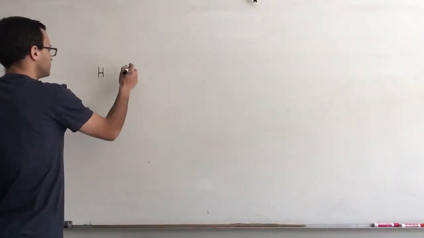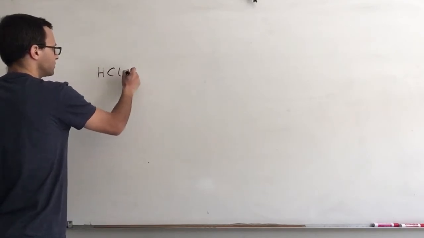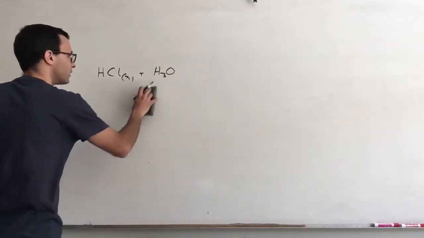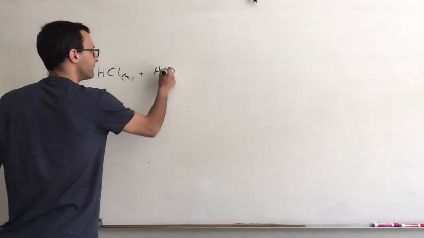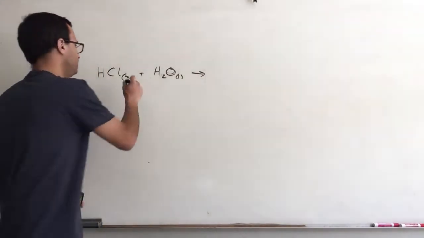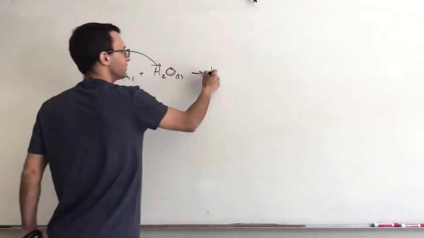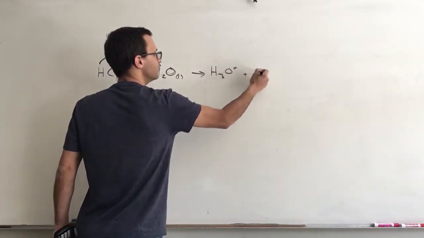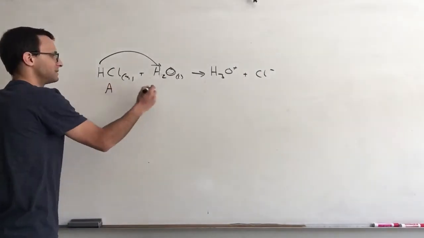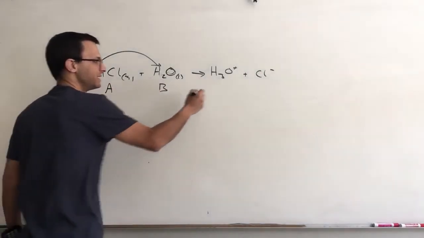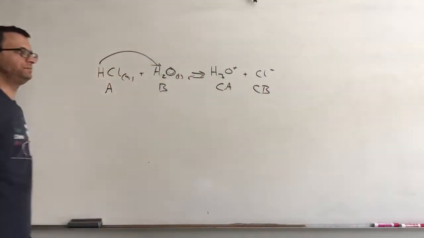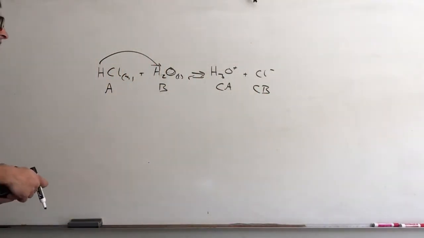If you have, for instance, hydrochloric acid in water, H2O, when you show the dissociation of the acid, you'll just show the hydrogen jumping over to the water. Then we can label your acid, and the water in this case would be a base. This becomes the conjugate acid and the conjugate base if the reaction proceeds to the left.